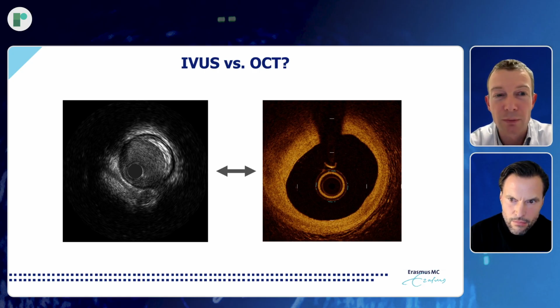That is critical and much easier to interpret with intravascular ultrasound, in which you see the full vessel in each individual pullback, unless there is a massive amount of calcium. So I think that is a clear distinction between both technologies.